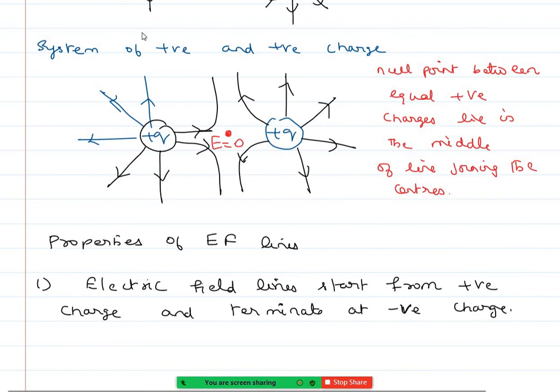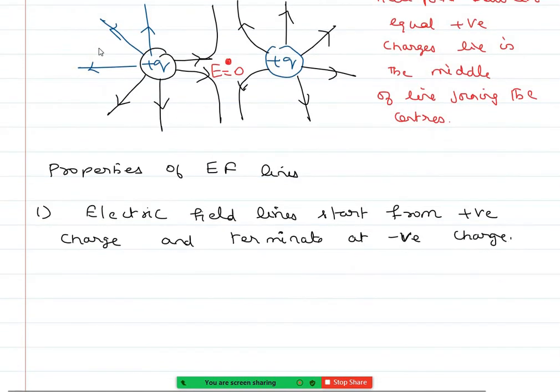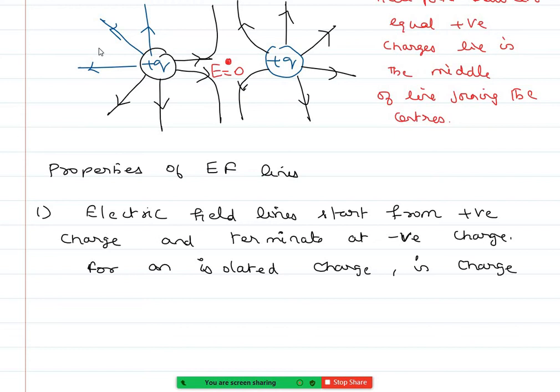This is for a system of charges, if there are two unlike charges present over there. But for an isolated charge, what happens? In free space, that means a charge-free region. What do you mean by charge-free region? There is no other charge, no presence of another charge. So in a charge-free region, the lines are continuous without any break.